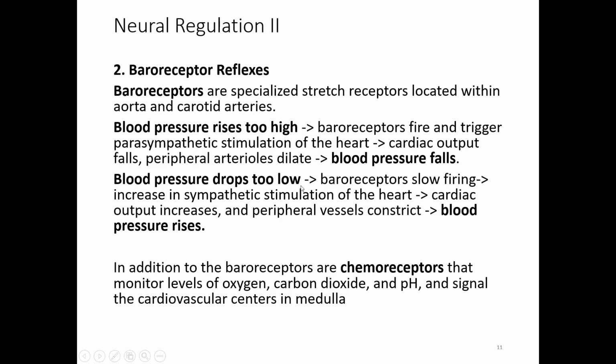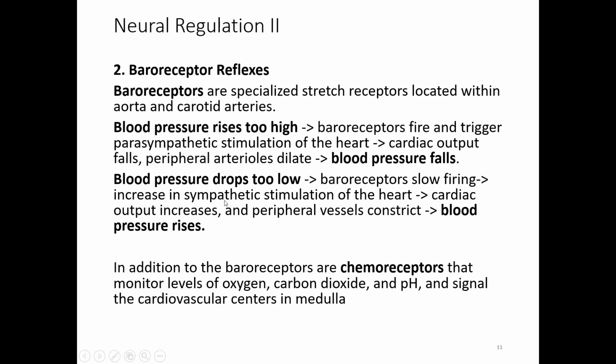When blood pressure drops too low, when can it happen? For example, some people in the morning, when they just woke up and they jump off the bed very fast, sometimes they feel it's darkening in their eyes because the blood pressure is too low. And in this case, baroreceptors can feel low blood pressure and they slow firing.